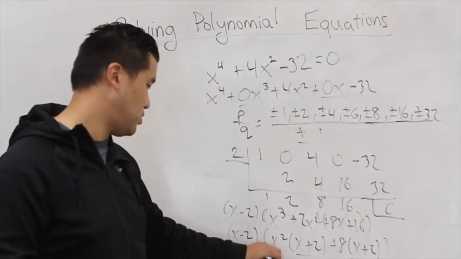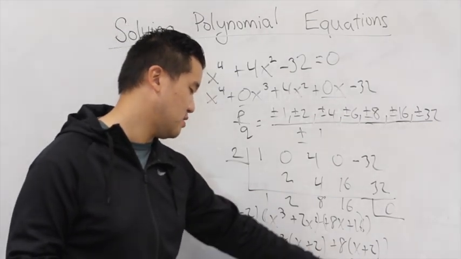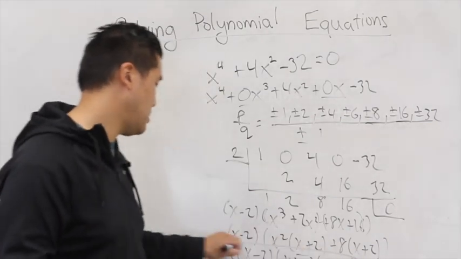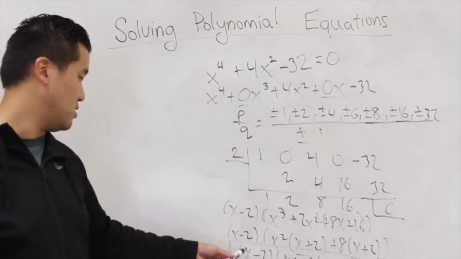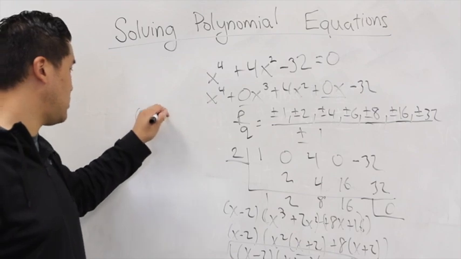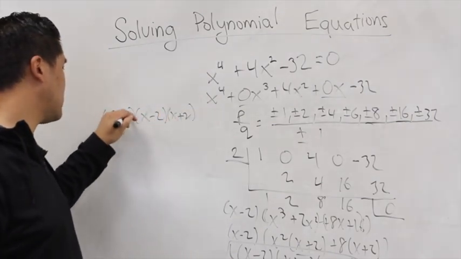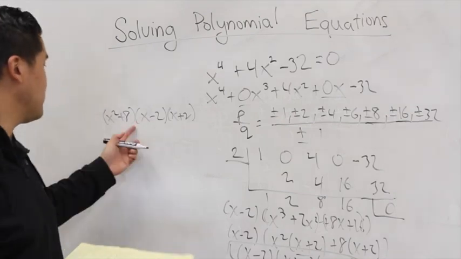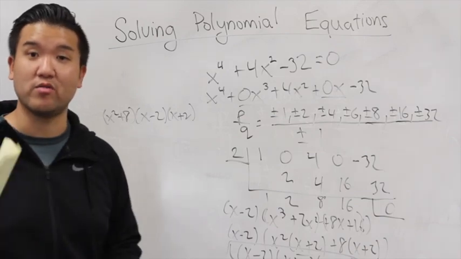So you have x minus 2, x plus 2 is my GCF. X squared plus 8 is my factors. And there we go there. So it's x minus 2, x plus 2, and then x squared plus 8. Those are all my factors. So x-intercepts, all we have to do is set it equal to 0. We're actually going to do that in our next one.